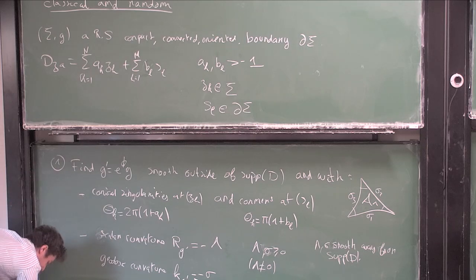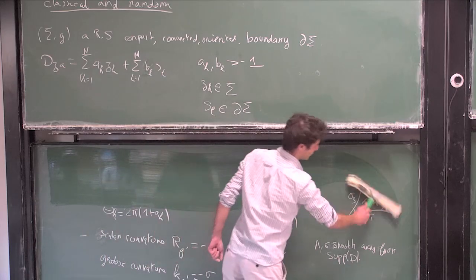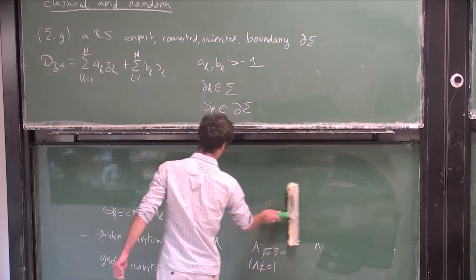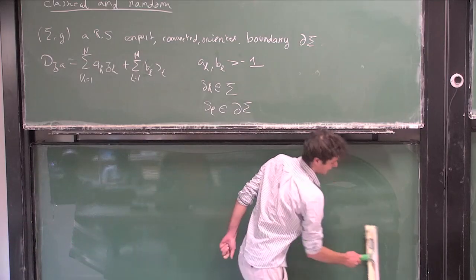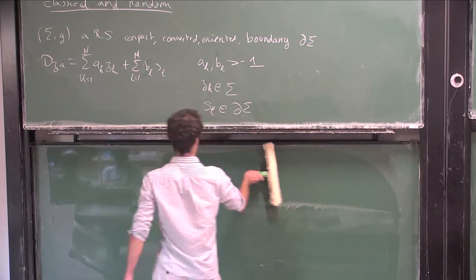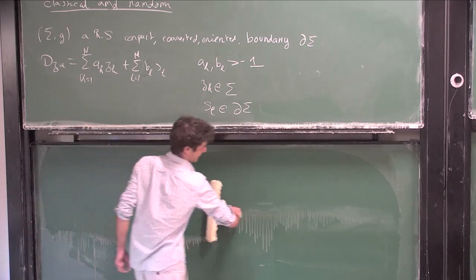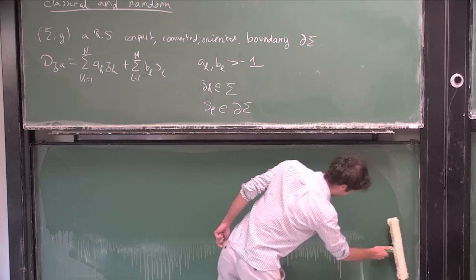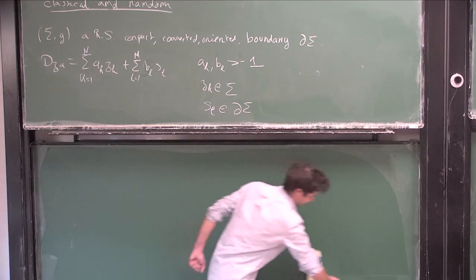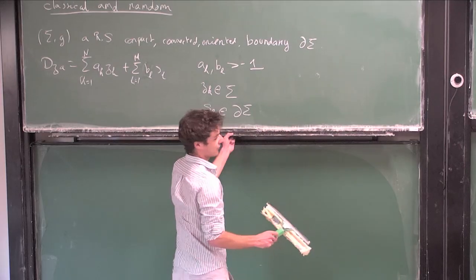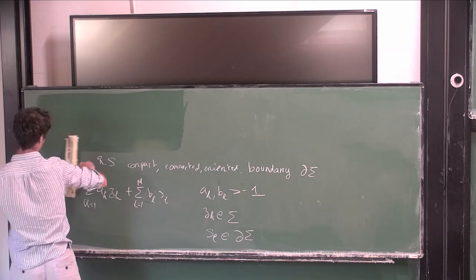And there is an obvious requirement for a solution to exist, which is given by the Gauss-Bonnet theorem, the Gauss-Bonnet formula. So what is the Gauss-Bonnet formula? Here I have a singular metric, so I will need to be a bit careful.